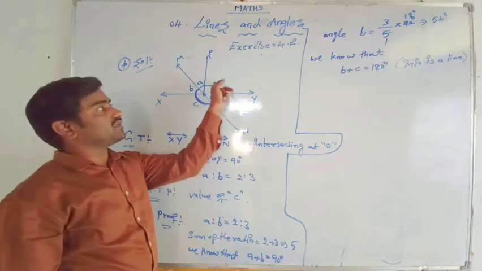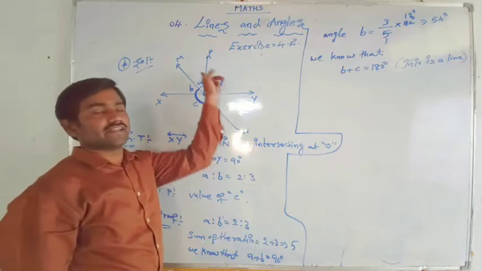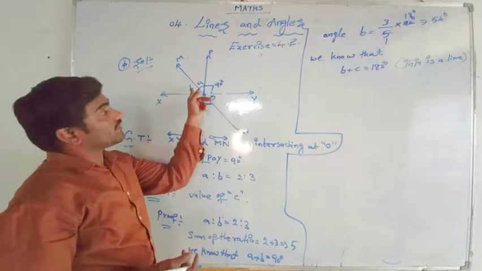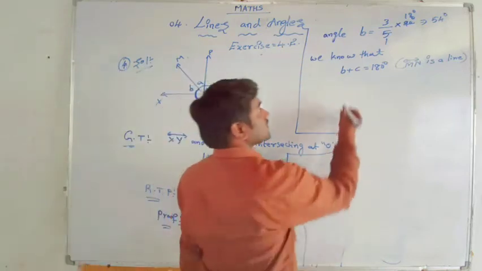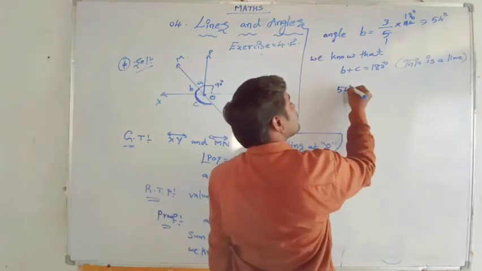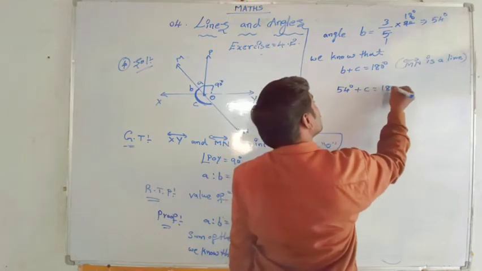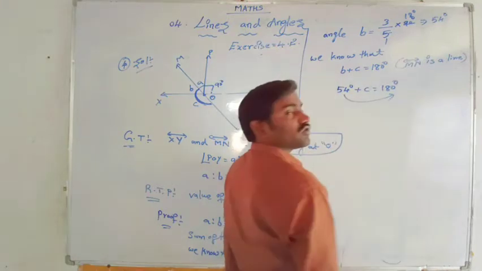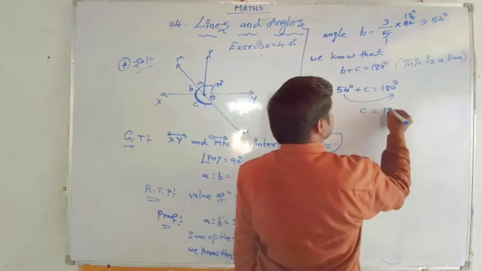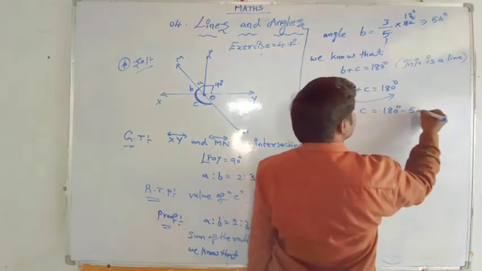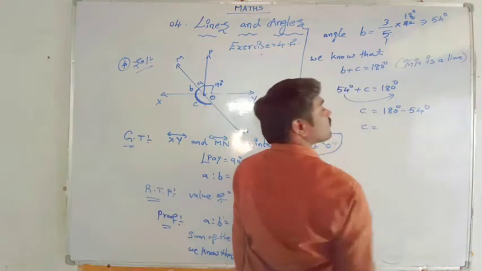Already we know the B value, that is 54 degrees. So let us substitute: 54 degrees plus C equals 180 degrees. Transferring 54 degrees to the other side, C equals 180 degrees minus 54 degrees, and C equals what do we get?